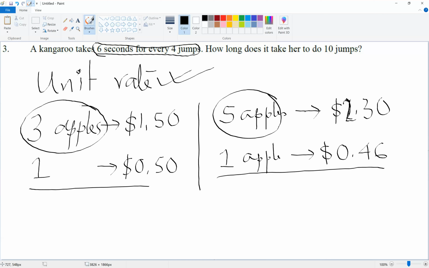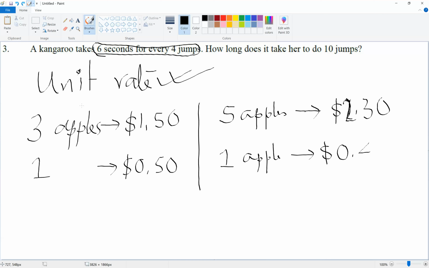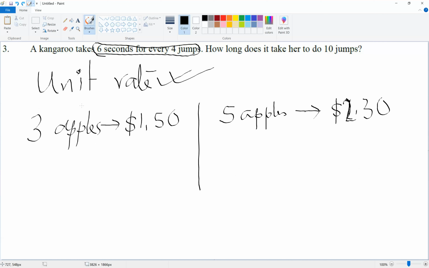Does anybody know what other ways I can compare this instead of one apple? What else can I do? Anybody? I have an idea. What is it? Anya, what is your idea?